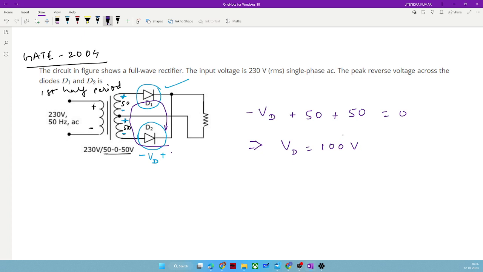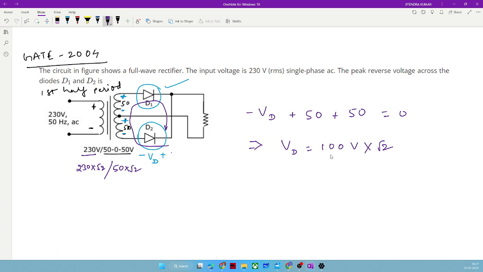Yes, it is correct, and it was in the options. But one silly mistake: we did not multiply it with root 2. The peak voltage is what applies at any particular instant, and here it would have been 230 into root 2, and when it is transformed, it becomes 50 into root 2.